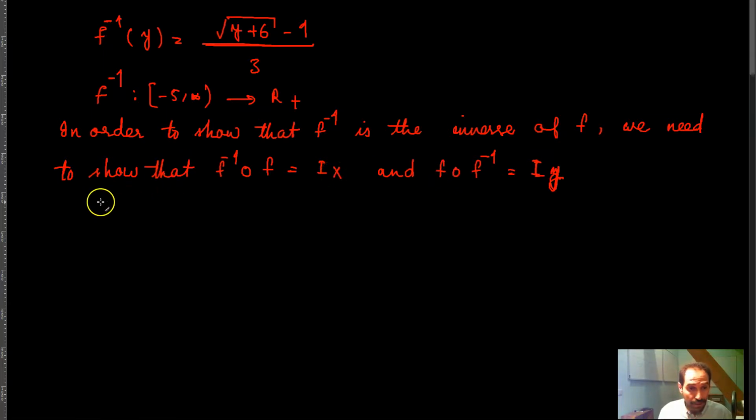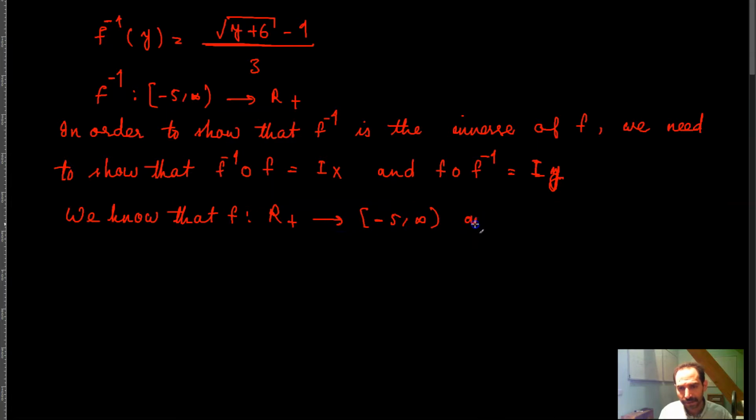So we know that f is a function from R plus to -5 to infinity, and f of x is equal to 9x squared plus 6x minus 5.